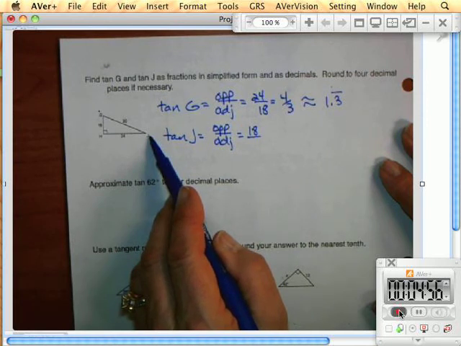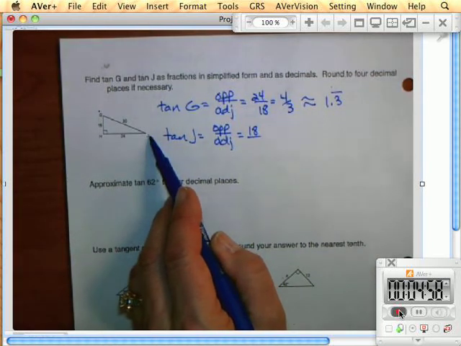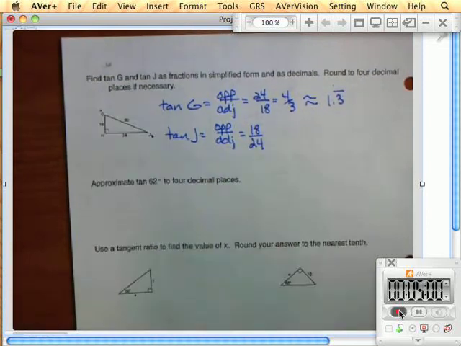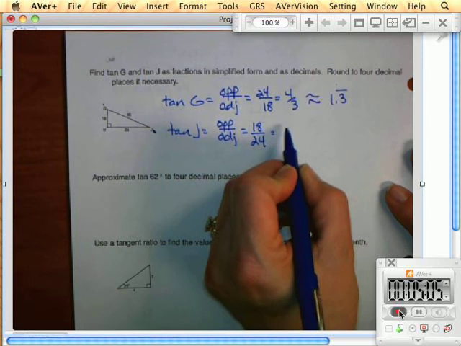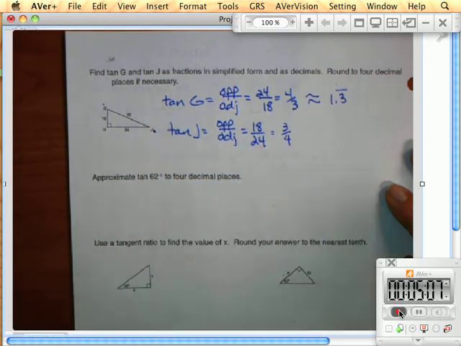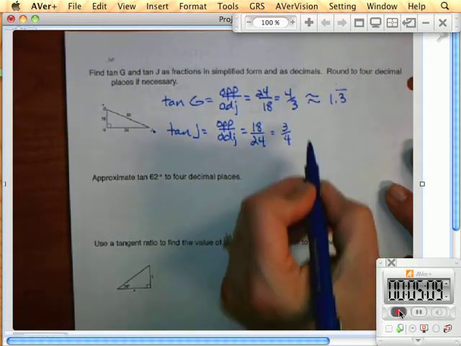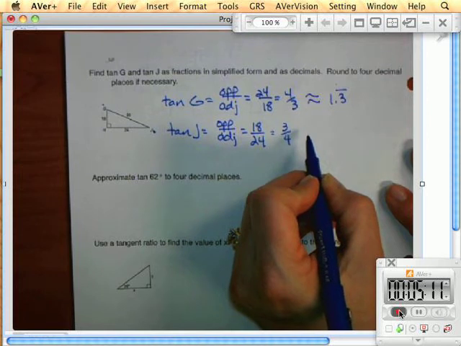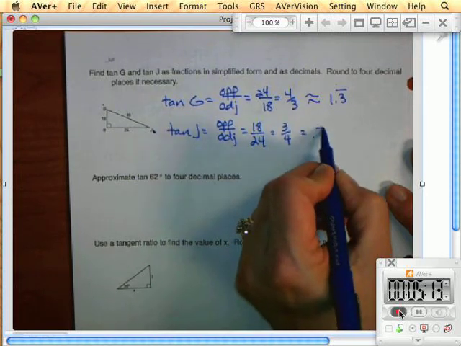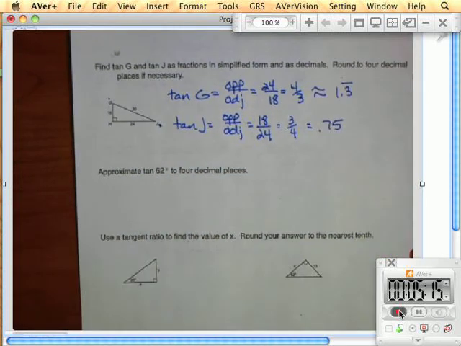It's the leg, not the hypotenuse, so it's 24. Okay, it's the leg. Reduced, it's 3 over 4. That's not the same as the other one. It's 0.75. Okay? So that's one thing you're going to have to do.